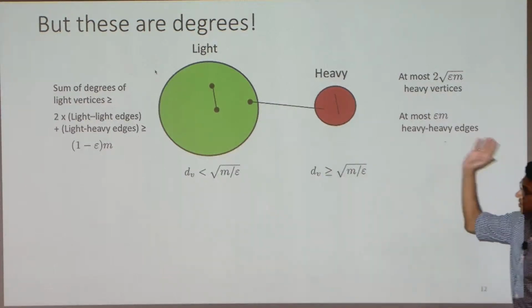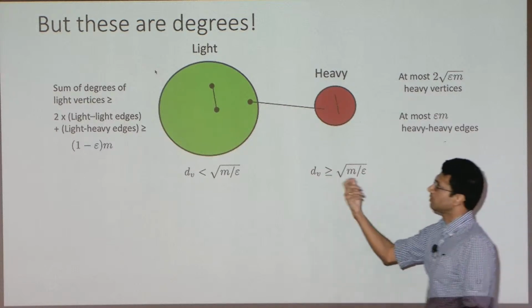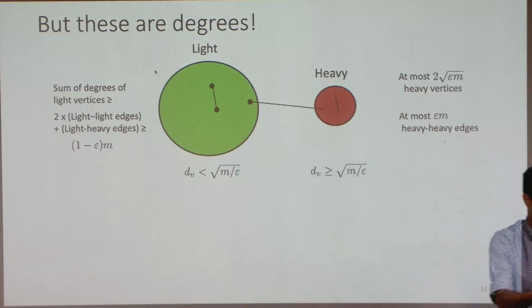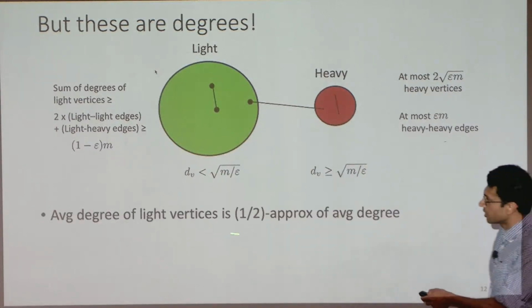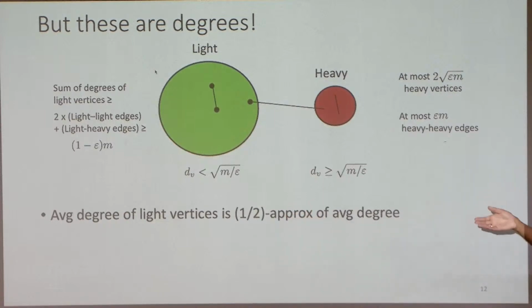So the sum of all degrees is 2 times m, but the sum of all the light degrees is at least m over 2. And that's where your half is appearing. So the average degree of the light vertices is a half approximation of the average degree, half minus epsilon.